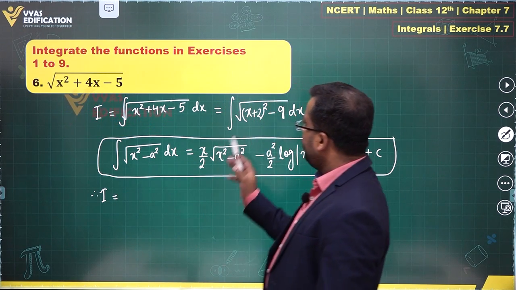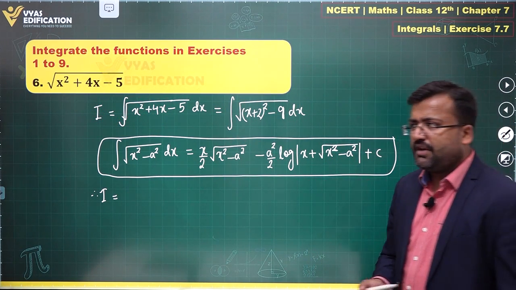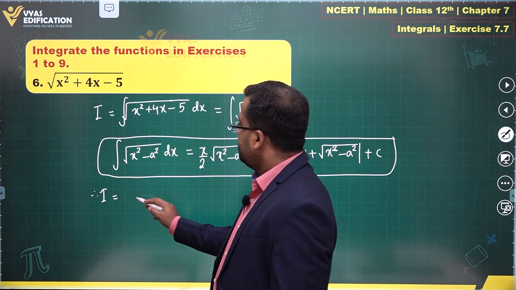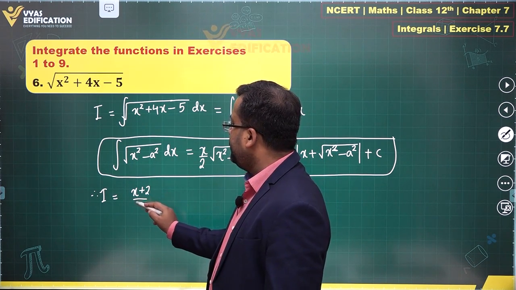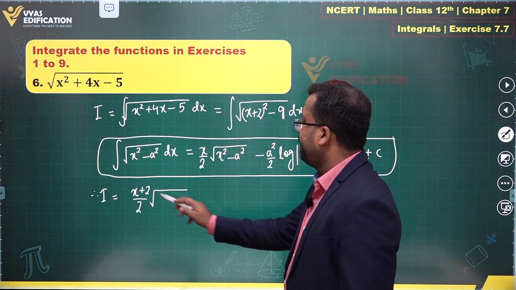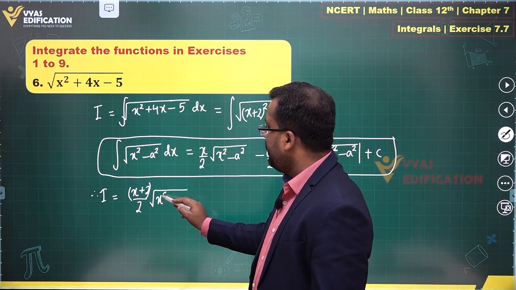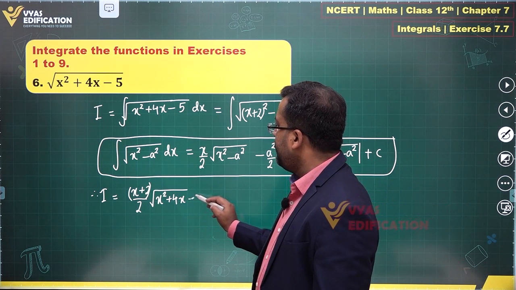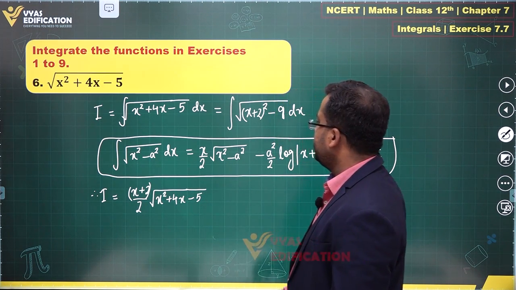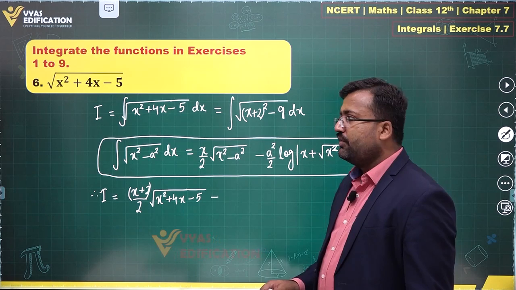I becomes equal to, instead of x you have x plus 2, which is a linear polynomial of x, not a difficult thing to handle. So you get x plus 2 by 2 under root of x square minus a square, which is equal to x square plus 4x minus 5, minus a square by 2. Now what is a square?